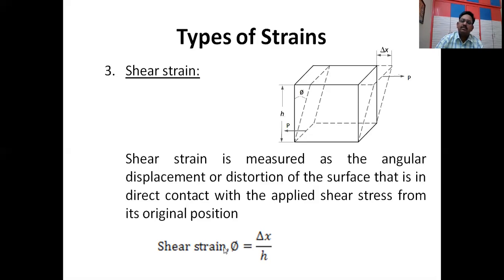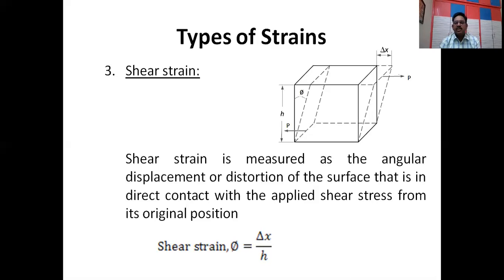But the distortion will be very small. When we measure a strain, we can't see it with our naked eye, so it will be a very small amount. Therefore, tan of a very small angle is nothing but that angle itself. So shear strain is phi, which is equal to delta x by h. This angle is called shear strain.